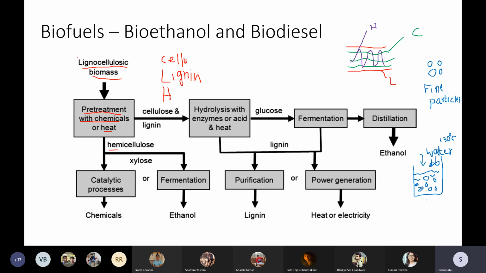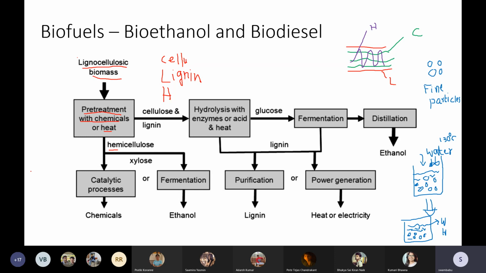If you mix it for some time, let's say half an hour, you will get fine particles and a suspension. The suspension contains water and hemicellulose.